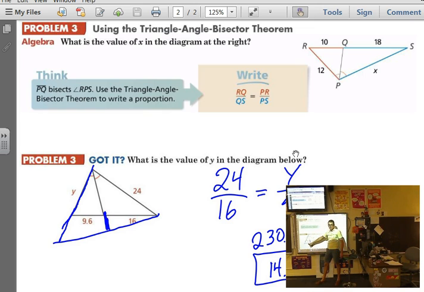This length would have gotten longer, this length would have gotten longer, and this length would have gotten slightly longer. So by changing where one of your points is, it extends all those pieces in a proportional manner.